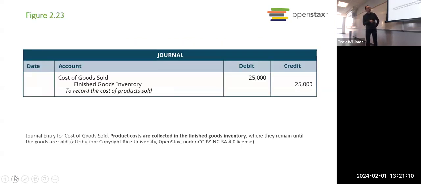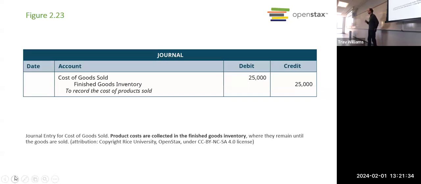We looked at a couple journal entries. For example, this is an illustration of what I just said. When you sell a product, it's no longer part of your inventory. So that asset gets credited because you don't have it anymore, right? The asset has decreased on your books. But you now have cost of goods sold, and we debit it.